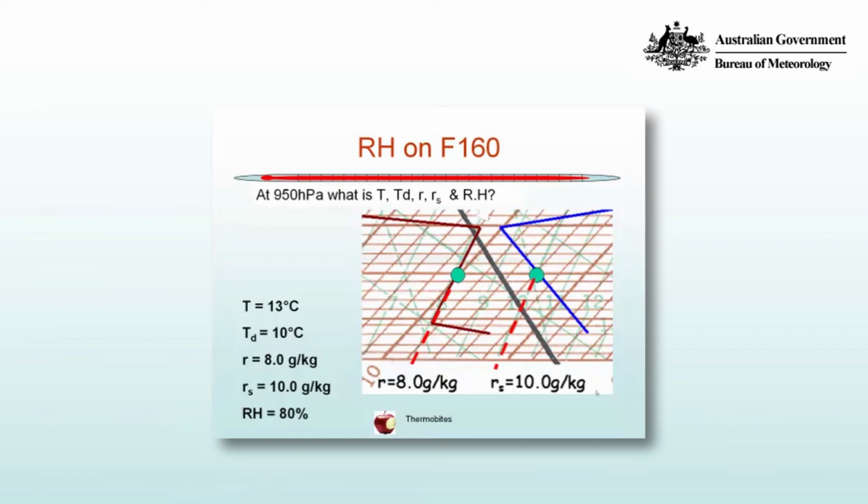So from the dew point profile, the temperature of 10 degrees Celsius, we go down the nearest isopleth. As it turns out, it's 8 grams per kilogram. And likewise for the temperature, a temperature of 13 degrees Celsius for that given pressure corresponds nicely to the 10 grams per kilogram isopleth. And so R on RS is 0.8, and multiplied by 100 gives you 80% relative humidity for that case.